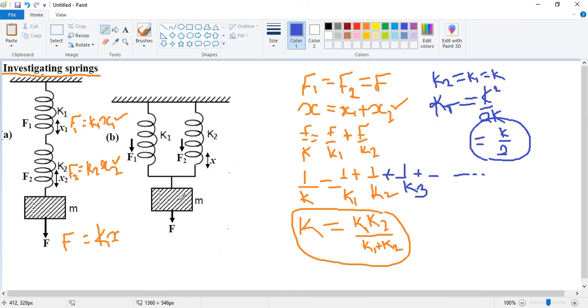So in this case F is the same as F1 plus F2. That will be the effective tension in the springs. So if F equals F1 plus F2, what is F1?